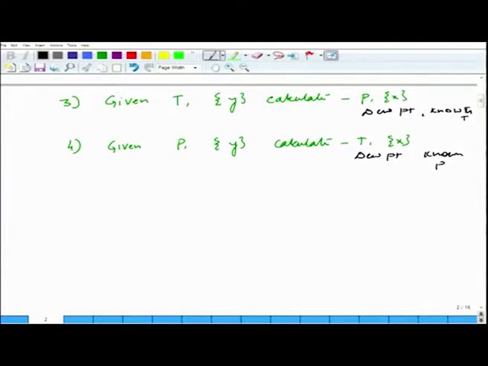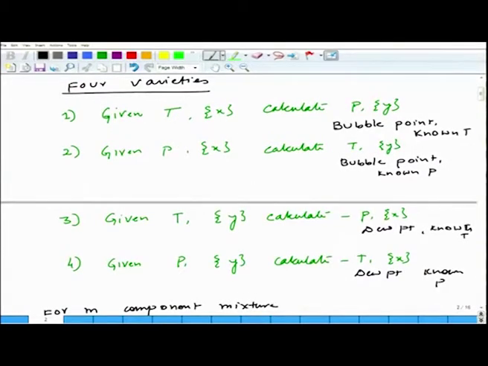Considering that it is a mixture, still a vapor liquid system, but a mixture, so for an M component mixture, how many parameters do we need to evaluate?